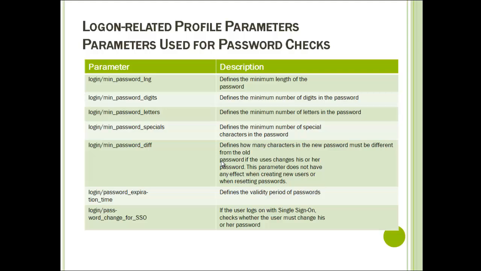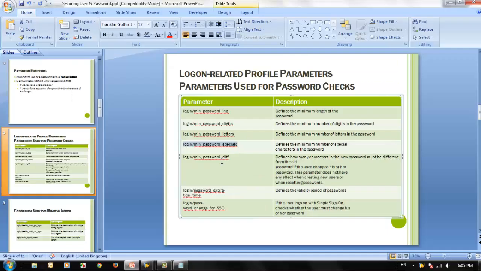Let's say if you have a password, how many characters should be changed from the old password to the new password. This is also a very important parameter. Generally people have a tendency to change one character and keep going ahead with the password. So we can define how many characters should be different from the old password to the new password. So let's check in our system.